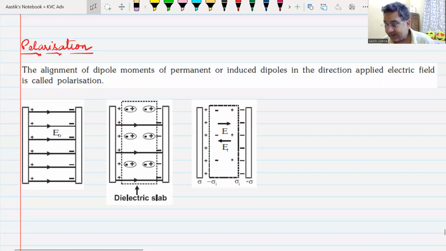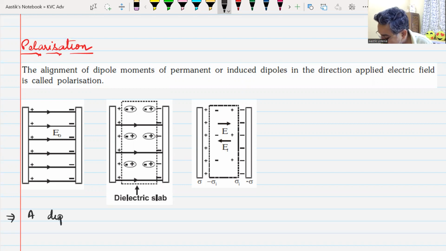You can write it like this. The alignment of dipole moment in the direction of the applied field is known as polarization, or you can also write it like this. Whenever a dielectric is placed inside an electric field, a dipole moment is induced.